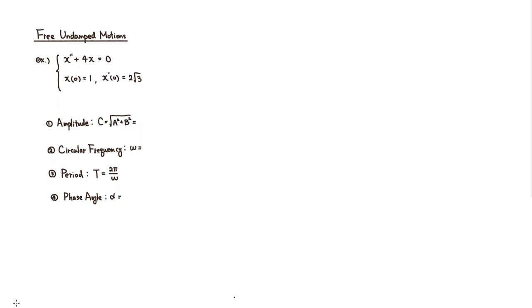Alright, so let's start with the characteristic equation. The characteristic equation is r squared plus 4 is equal to 0, right? Which gives us r is equal to plus or minus 2i, right?